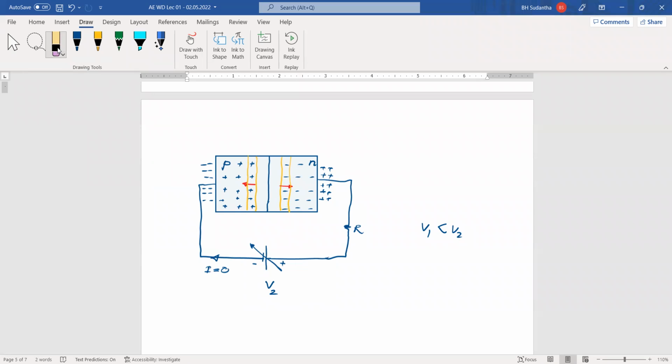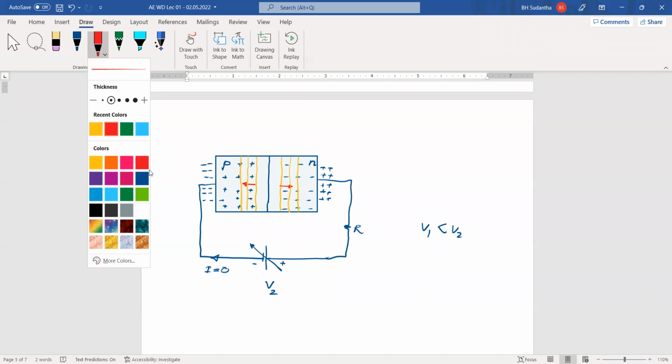And this time also, this depletion layer has been widened here.